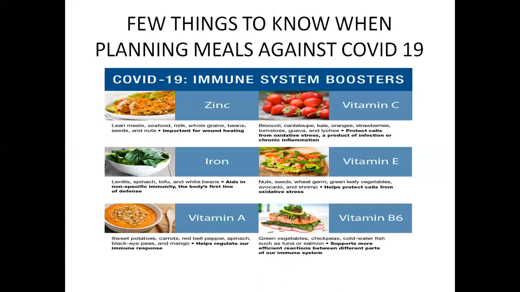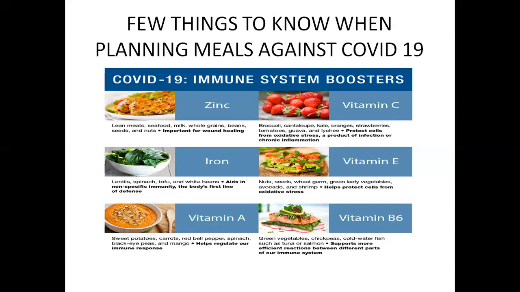So when we have all this in mind, what are the sources? The sources of zinc: we have lean meat, seafood, milk, whole grain. Vitamin C: broccoli, orange, strawberry. Iron: spinach, white beans. Vitamin E: green leafy vegetables, avocado, nuts, seeds.